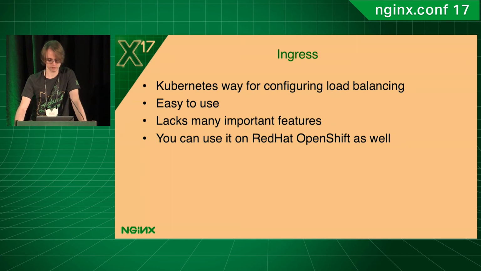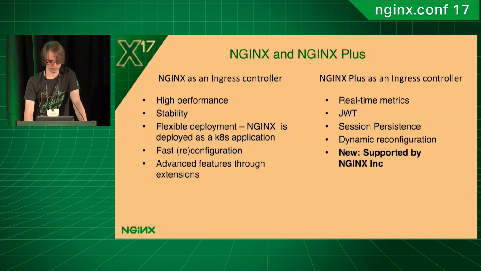As a side note, you can also use the Ingress not only on Kubernetes but also on OpenShift, which is the version of Kubernetes built by Red Hat. So with NGINX, you can use the Ingress rules, and you can use various extensions which allow you to address your requirements.